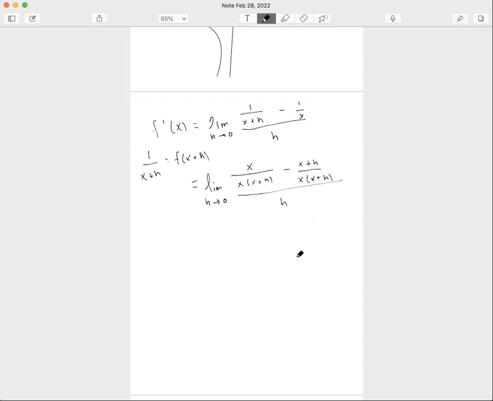What's left in the numerator when you subtract? Right, good, minus h. So we have x minus x plus h, in parentheses. It's where you get a lot of problems if you forget parentheses. If you don't have the parentheses, you might think it's positive h, right? But so the x's cancel.